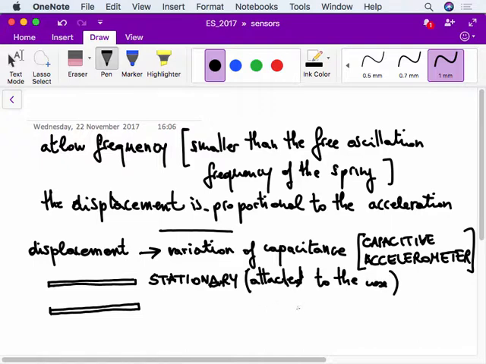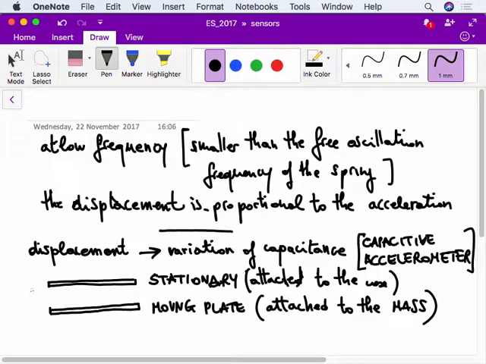And then we have a moving plate which indeed is attached to the mass. Which means that when the mass is moved, the second plate changes.